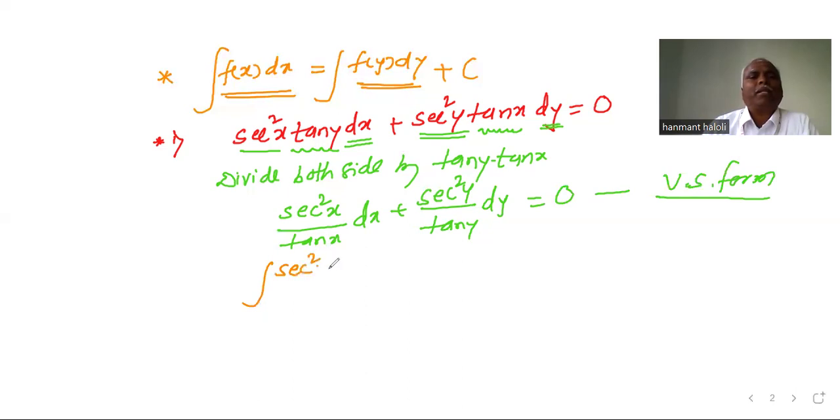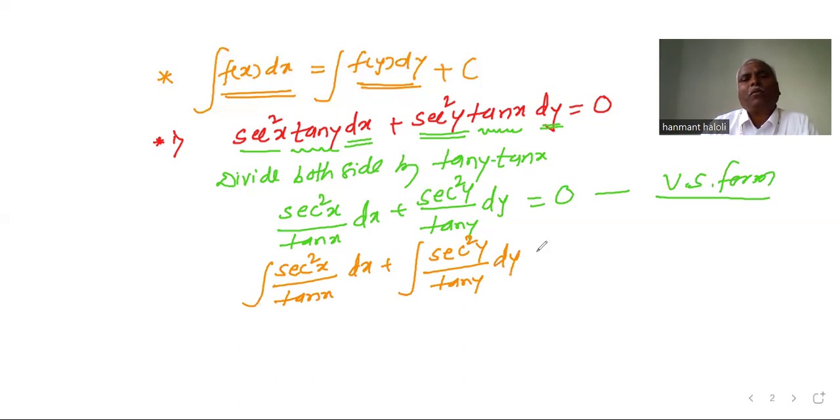Integral of sec square x upon tan x dx plus integral of sec square y upon tan y dy equal to arbitrary constant c. You can take the arbitrary constant on the left side or right side, but you take only one arbitrary constant.